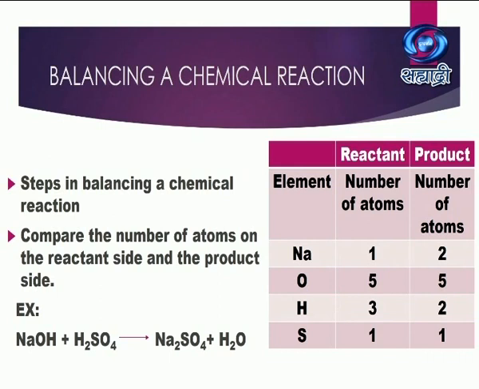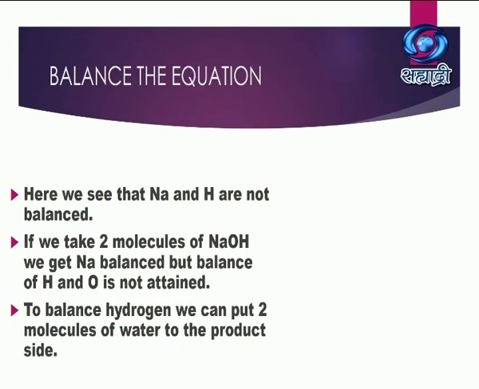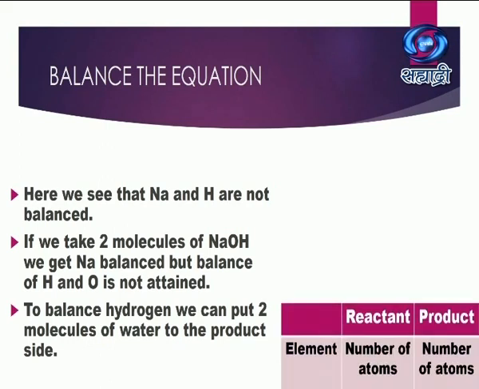Okay, so let us move ahead. If we take 2 molecules of NaOH, we get Na balanced, that is sodium gets balanced, but the balance of hydrogen and oxygen is not attained. So to balance hydrogen, we can put 2 molecules of water to the product side.